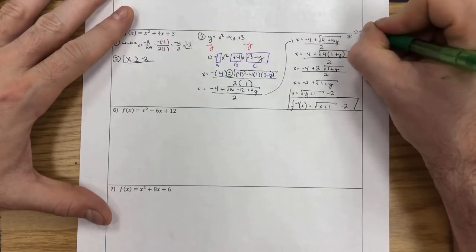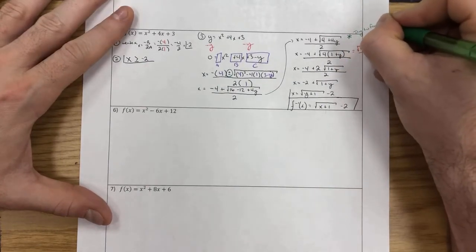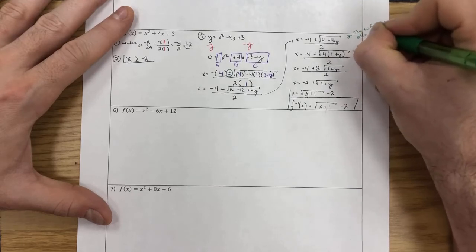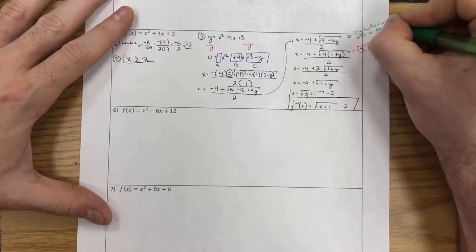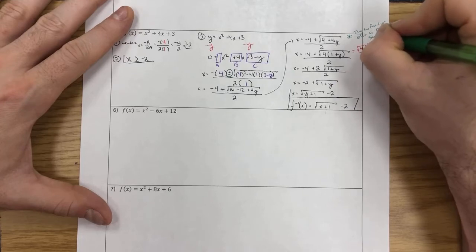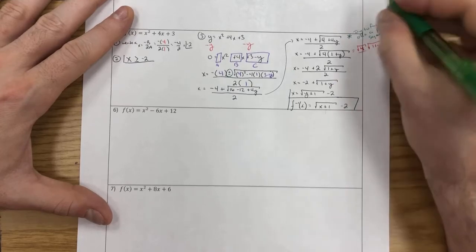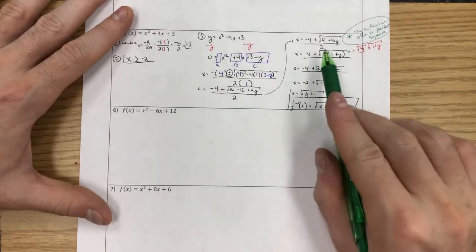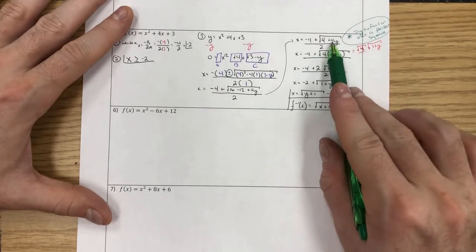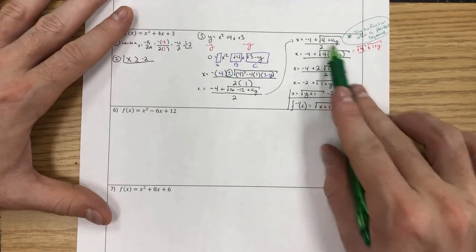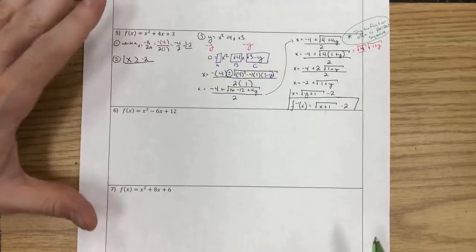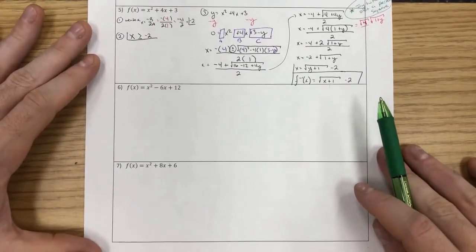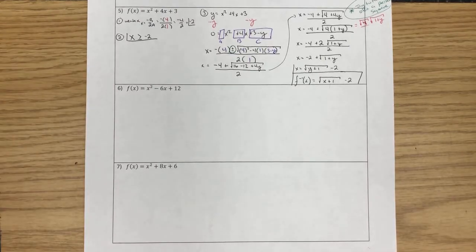Try to factor out a perfect square. So once you've combined everything in the radical, see if you can't factor out a perfect square. Here, the perfect square is 4. Whatever you get inside that radical, see if you can't factor out a perfect square so that you can pull that outside of the radical.